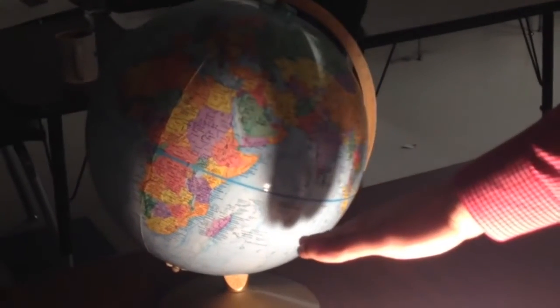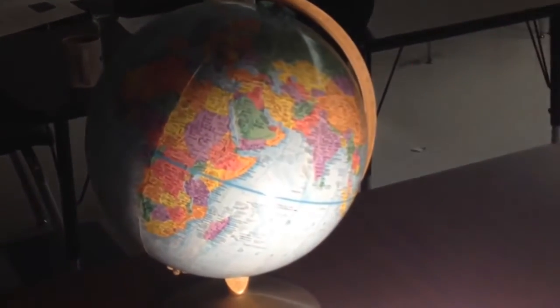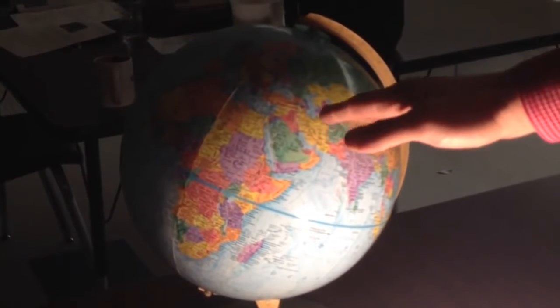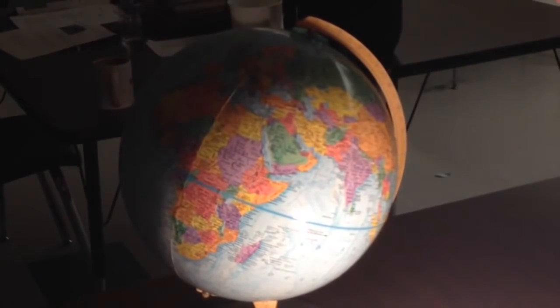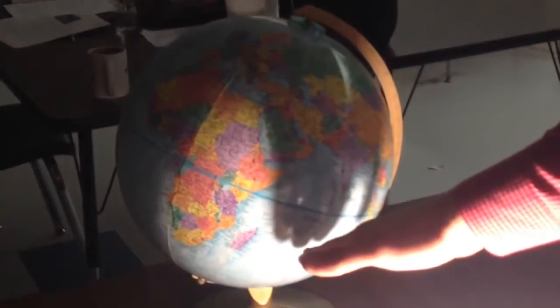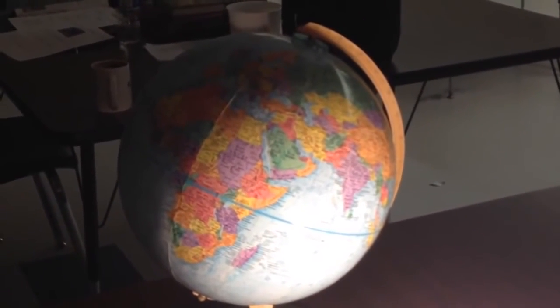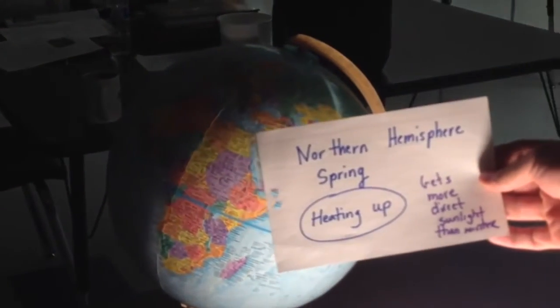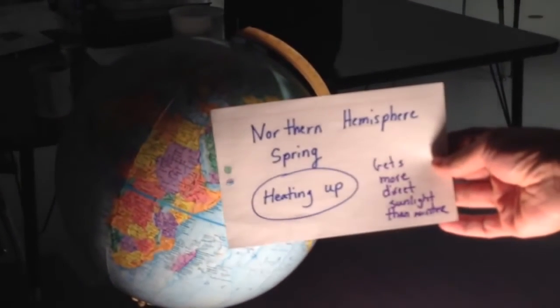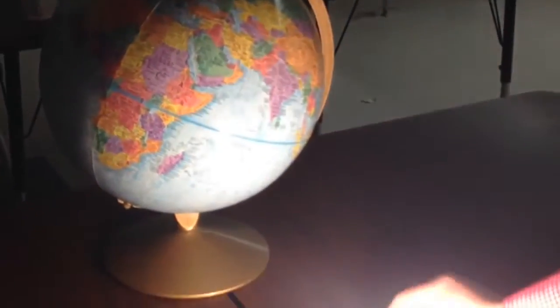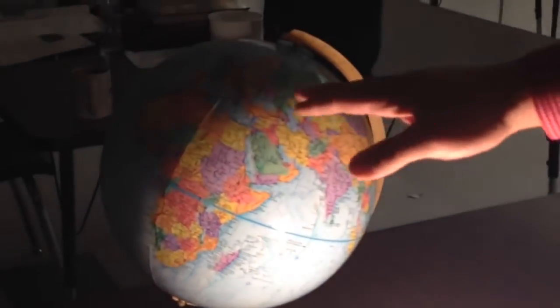Therefore, the southern, which was getting it, is now cooling down, and we in the north, which was not getting it, are heating up a little bit. They're cooling down, we're heating up. Therefore, if we're heating up after winter, we go to our spring. We are getting more direct sunlight than we did in winter. Next, we move here.